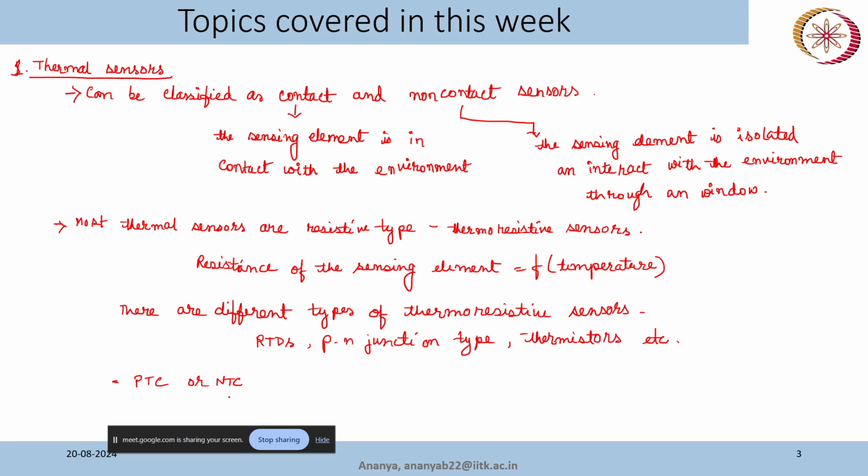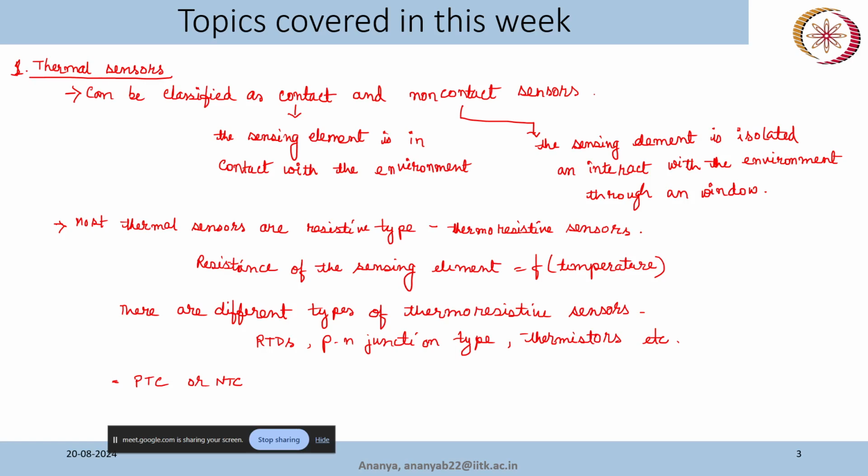So certain material shows a positive temperature coefficient and certain material shows negative temperature coefficient. That means as the temperature increases, resistance decreases. We know that in case of metal, as the temperature increases, resistance increases, the metal heats up, and in case of semiconductor, as the temperature increases, the resistance decreases.